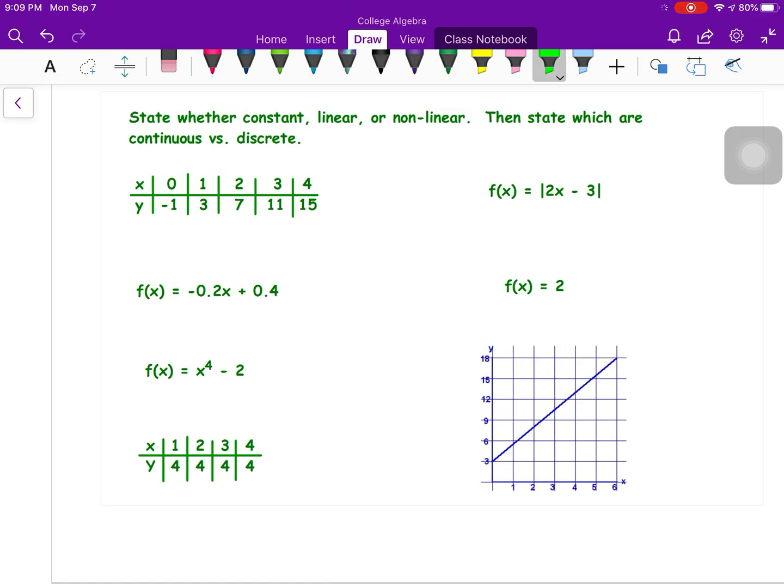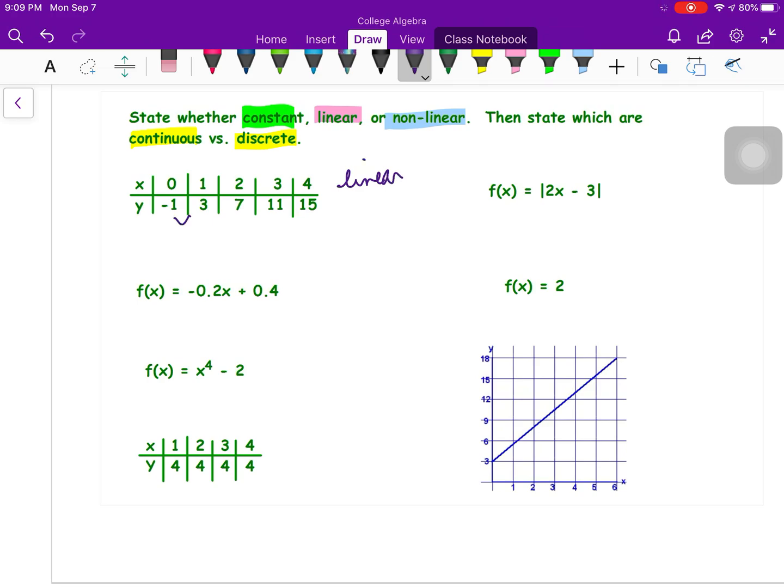Next it says state whether a function is constant, linear, or nonlinear. Then state continuous or discrete. All right, so when we see this numeric representation, 0, negative 1; 1, 3; 2, 7; 3, 11; 4, 15, we can say that this is linear.